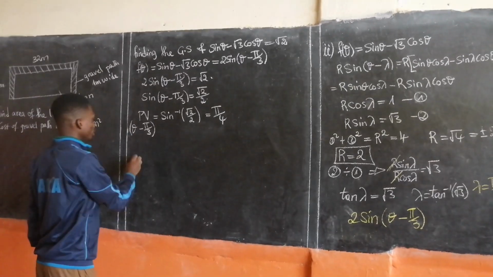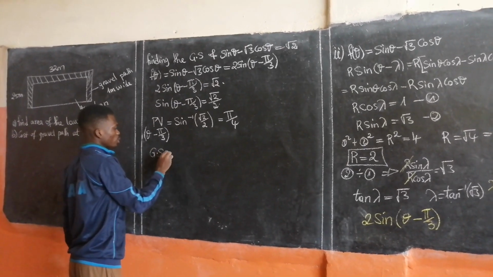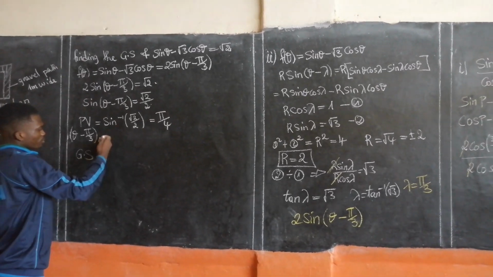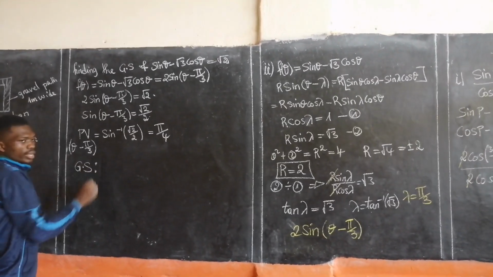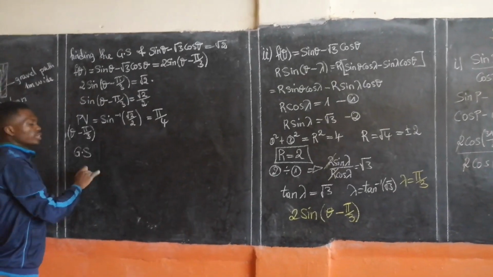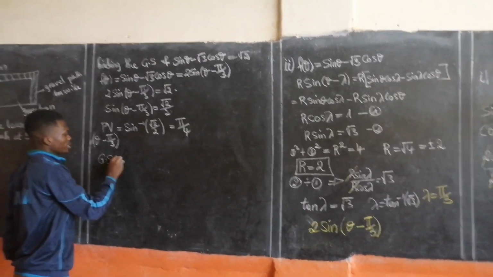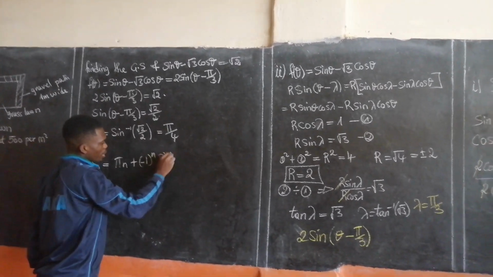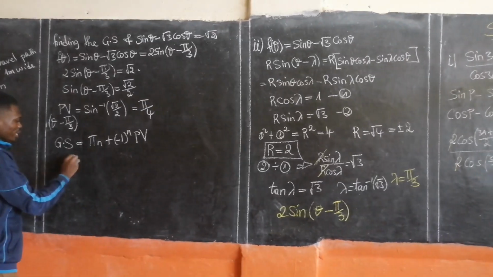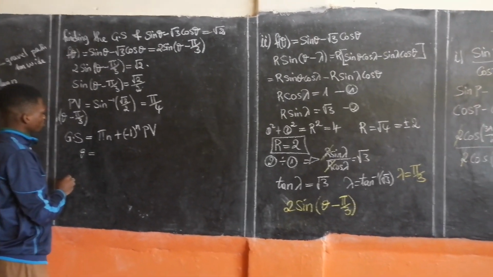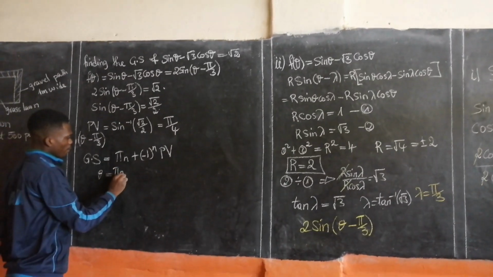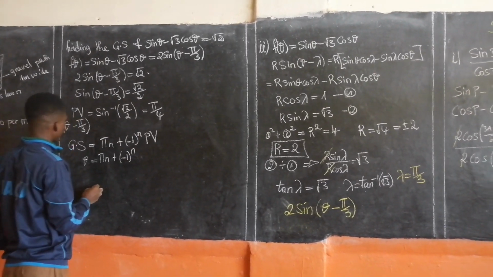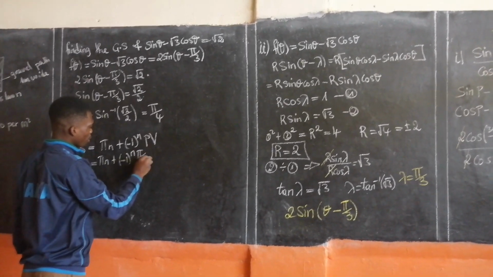So now we go to the general solution. The general solution for the sine function is pi n plus (−1) to the power n times the principal value. So we have theta equal to pi n plus (−1) to the power n times pi on 4.